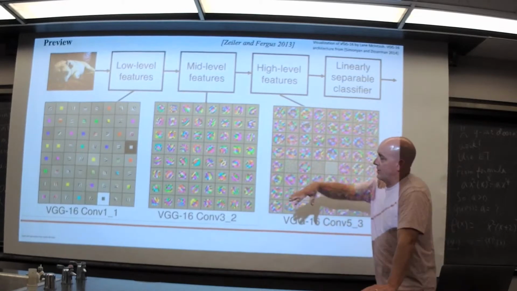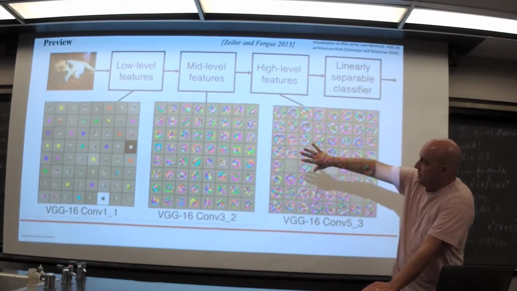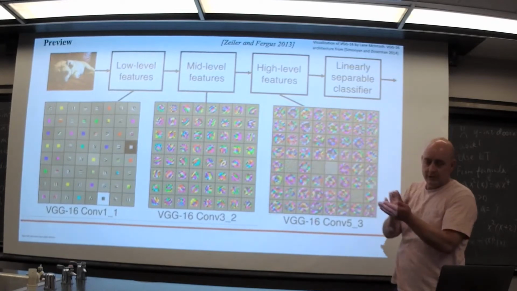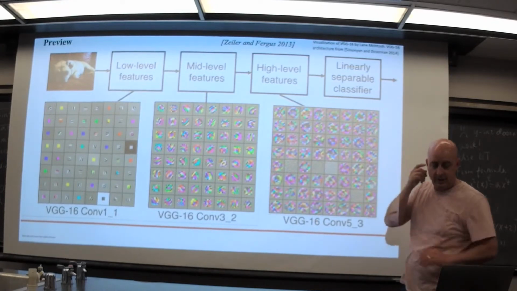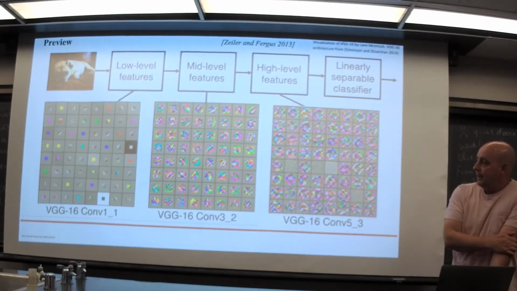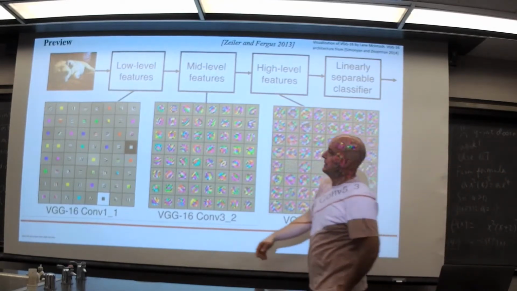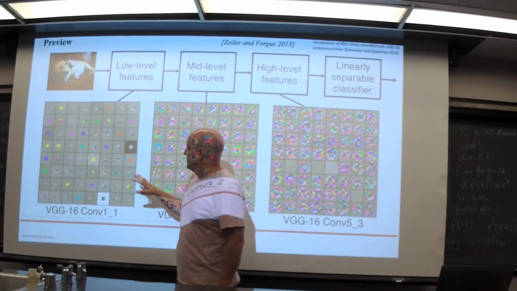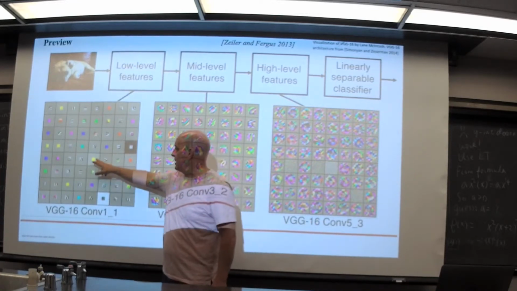This is all of the 64 filters for the first convolutional layer in a VGG 16, which means a total depth of 16 network, which is kind of cool. So what are you seeing here? Well, some of the things you see here are basically solid colors.